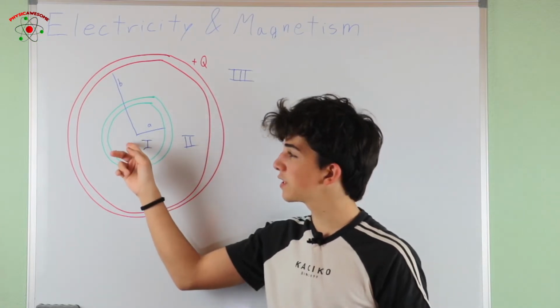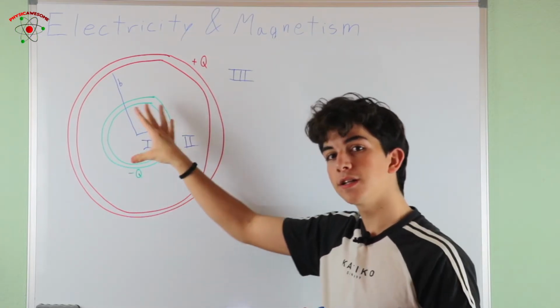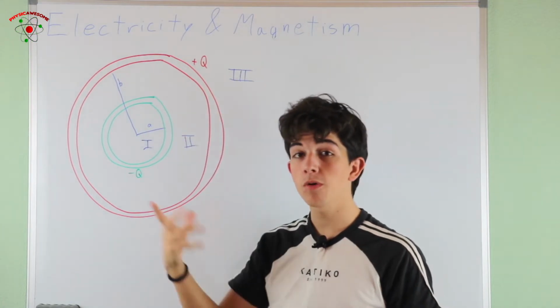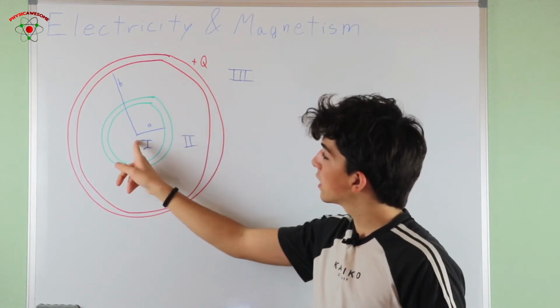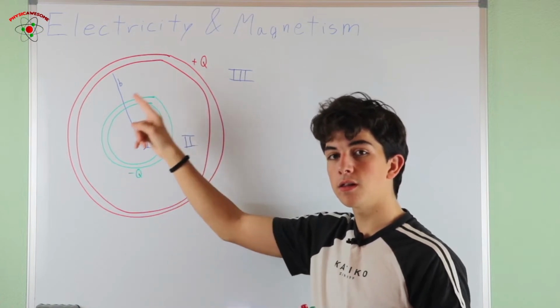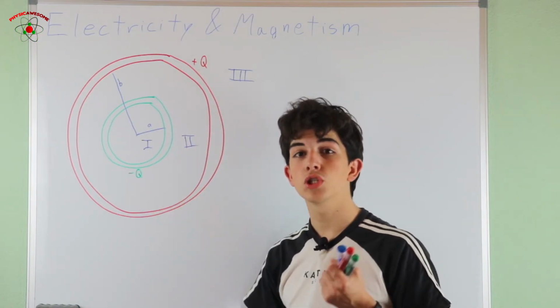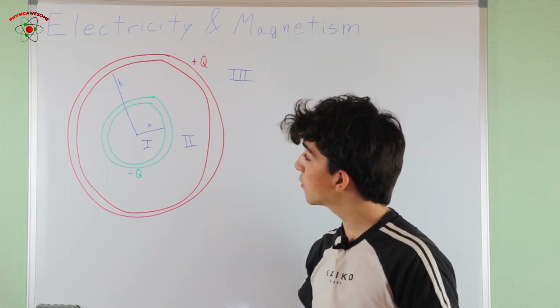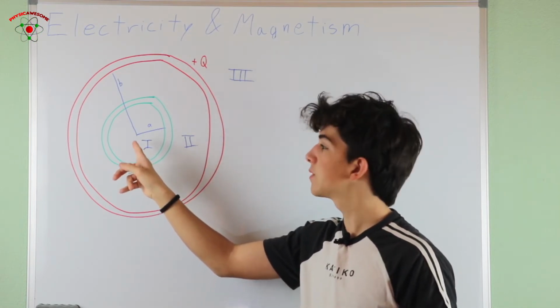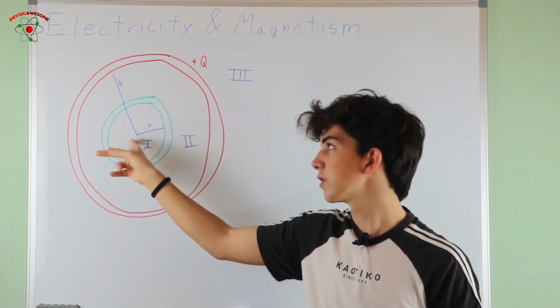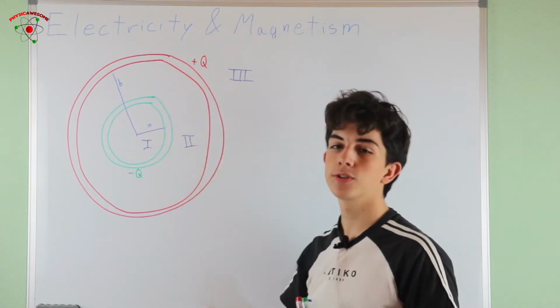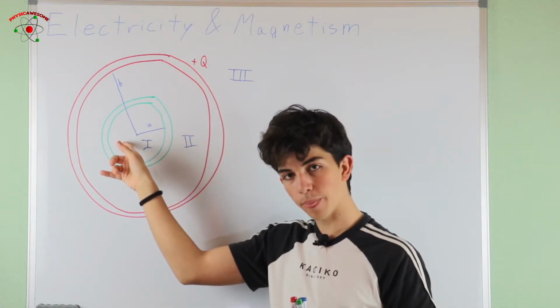We know that in region 1, this is just the addition of 2 cells, and we found earlier that inside of a charged cell there is no electric field. Therefore, there is no reason to believe there is going to be an electric field generated by any of these two cells on the inside.